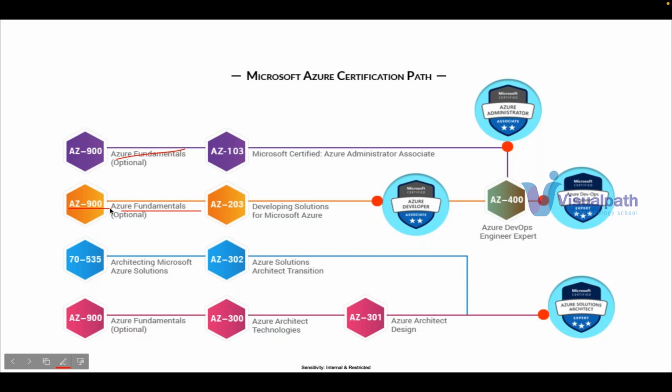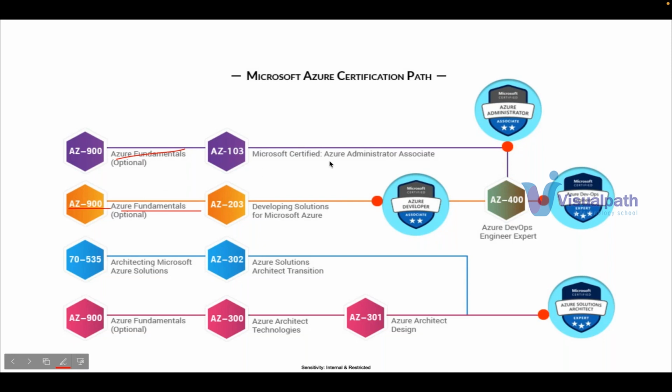The complete theoretical part you will understand in the AZ-900. And AZ-900 is not a prerequisite for other courses, in the sense it's not a certification that you need to take before you can go next. No, AZ-900 is an optional certification. Okay, and there are two main tracks here.